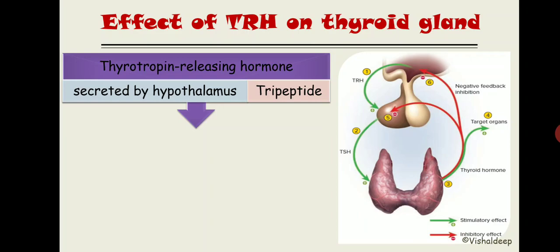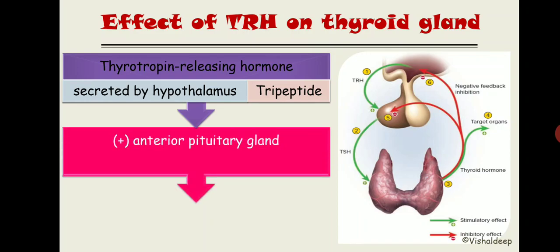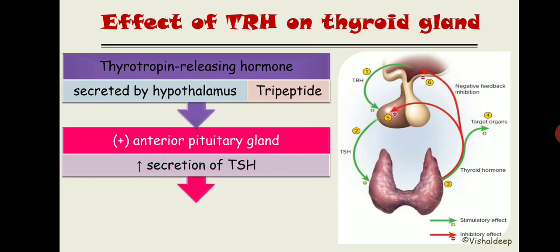Let me repeat one more time. Paraventricular nuclei will secrete TRH, and along with TRH it also secretes CRH. So remember that TRH and CRH will be secreted by paraventricular nuclei, and periventricular nuclei will secrete somatostatin. Got it?